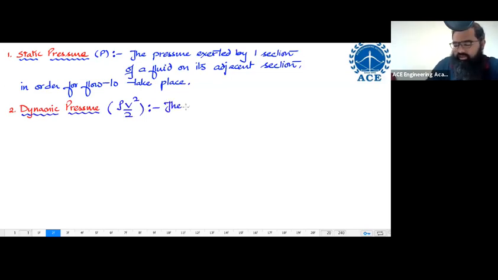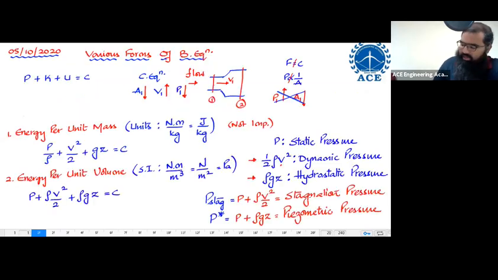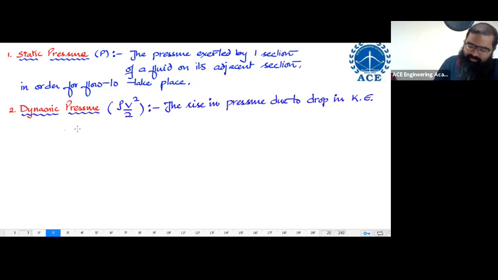The rise in pressure due to drop in kinetic energy. Now, I can immediately write that the sum of static and dynamic pressure is known as stagnation pressure.